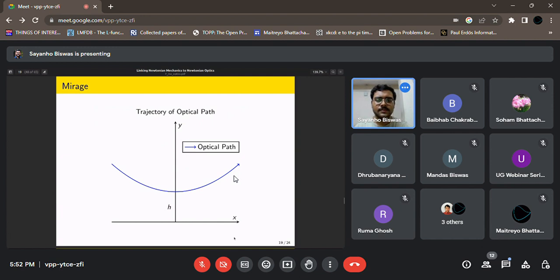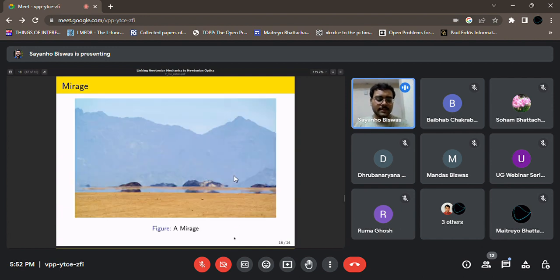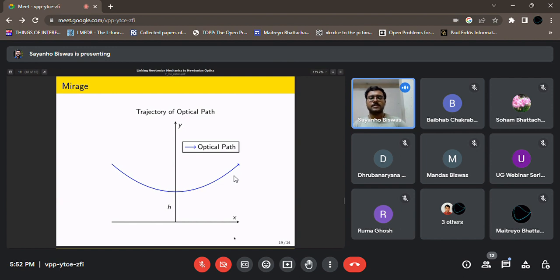Now we shall move on to the problem of mirage. This is the famous mirage problem which we all grew up solving since our school days. This is the trajectory of the optical path. I've just drawn a path to represent my problem, I'm not saying it is some parabolic or hyperbolic curve.